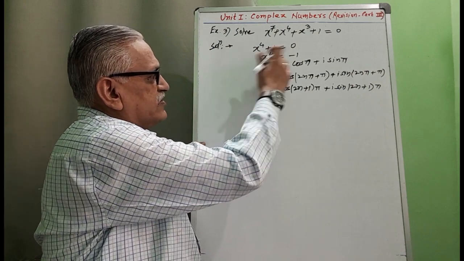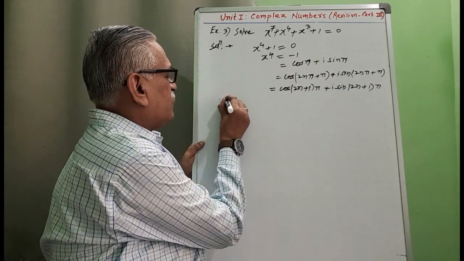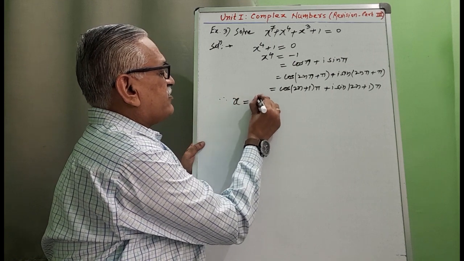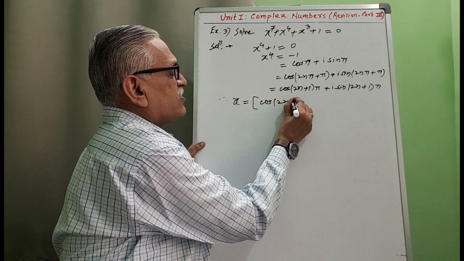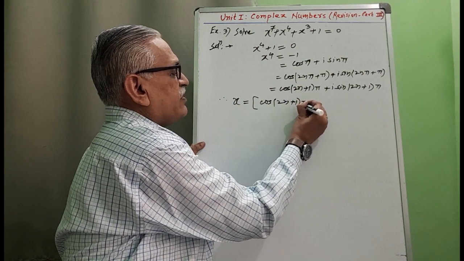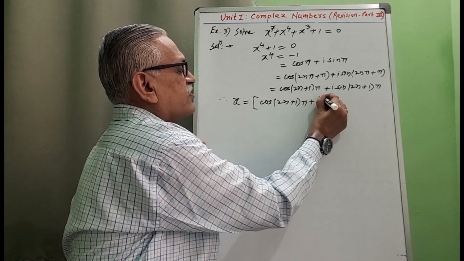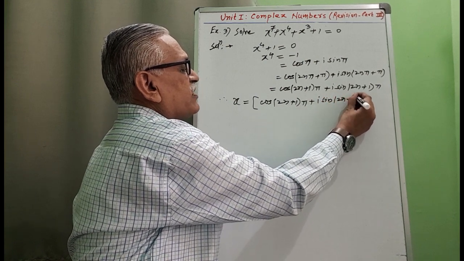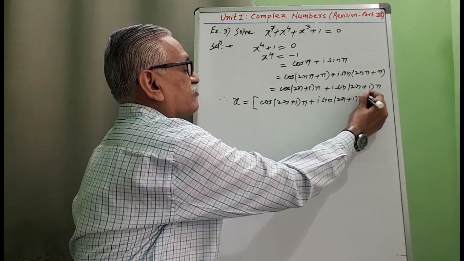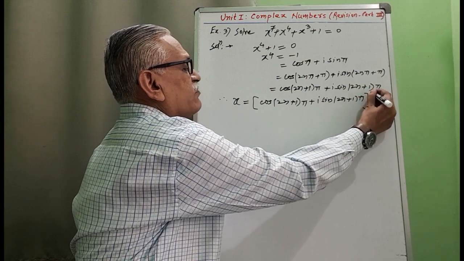Then taking fourth root on both sides, we get the value of x as [cos of (2n + 1) times π plus i times sine of (2n + 1) times π] raised to 1 by 4.